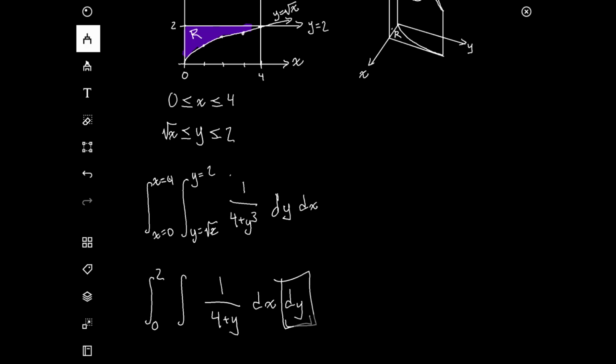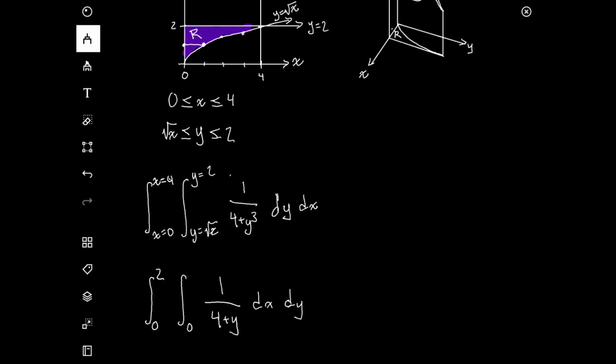And then the inside, for x, we're going to look at, as we're going from 0 to 2, at any of these points that we pick, our x values are going to be somewhere in that range. So what is that range? The lower bound is 0, but the upper bound is this curve.